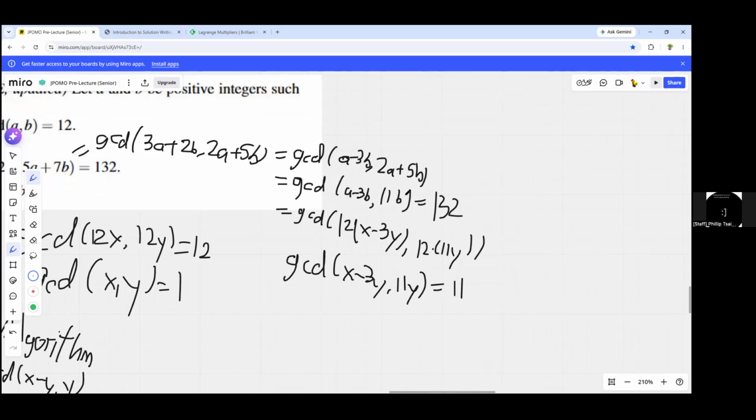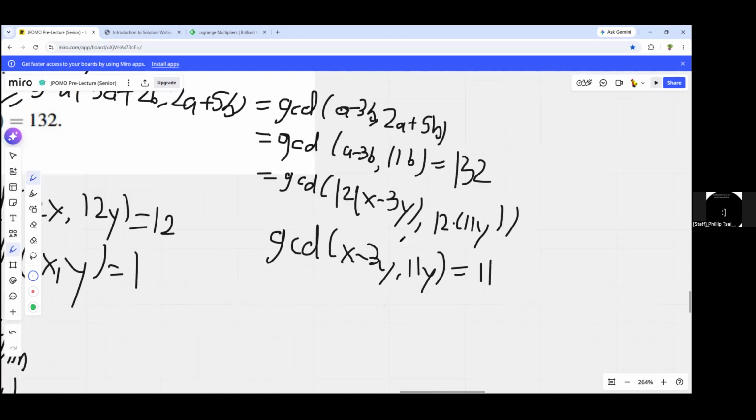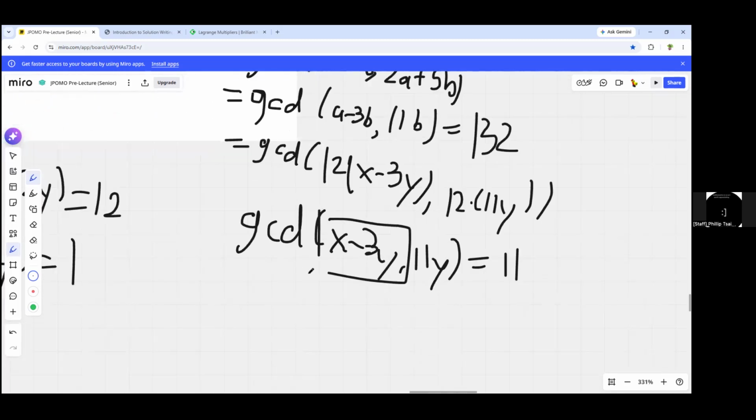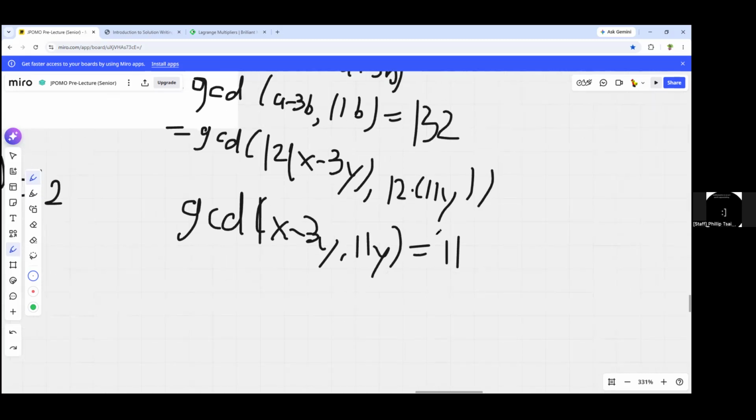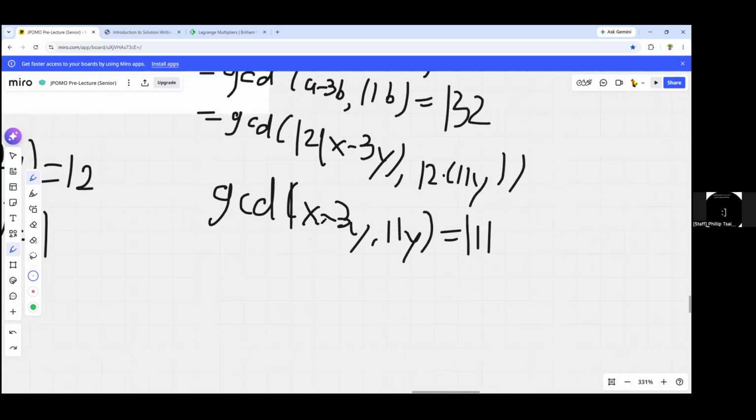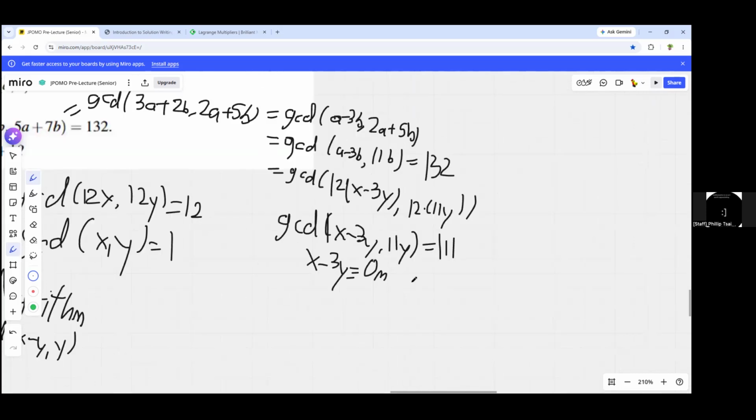So realize that this implies x minus 3y is a multiple of the greatest common divisor, which is 11. So x minus 3y must be a multiple of 11, which we can represent in modular arithmetic.